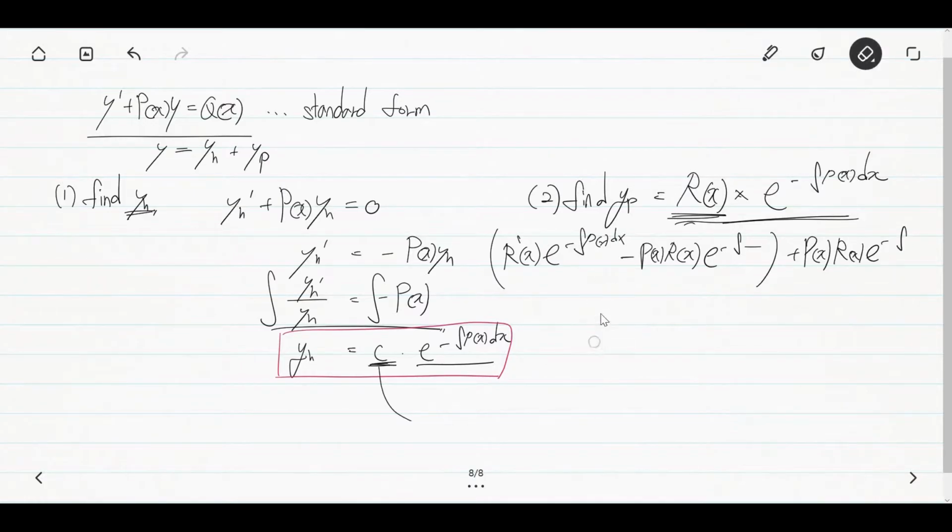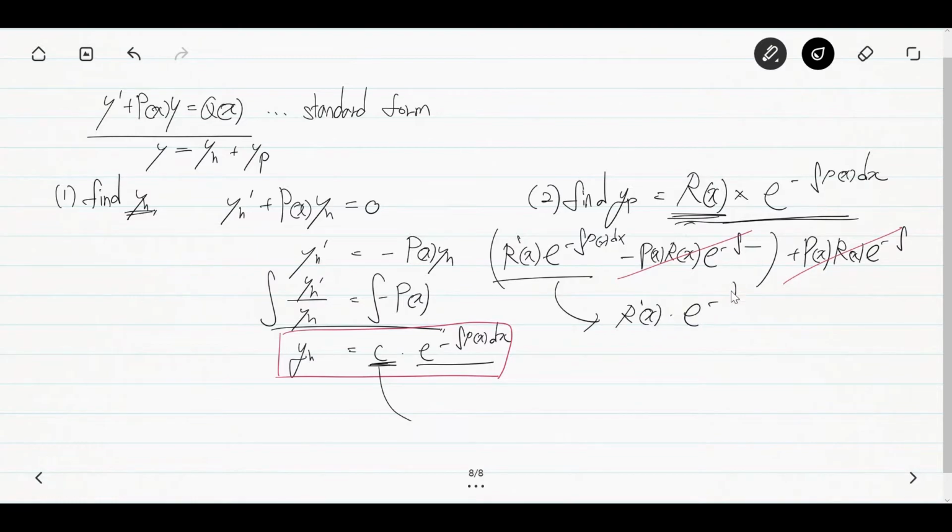Now, these two are going to cancel each other out. They have the same absolute value but opposite signs. So we end up with r prime of x times this, which equals the right side, q of x.